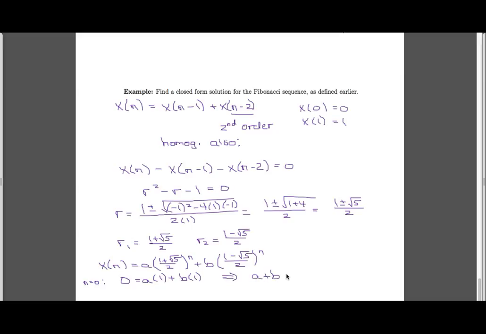That's our first in the system of equations that we're going to deal with. And then when n is equal to 1, we have x equal to 1. So that gives us 1 equals a times 1 plus root 5 over 2 to the first power, which is just itself, and then plus b times 1 plus root 5 over, whoops, that was a minus.